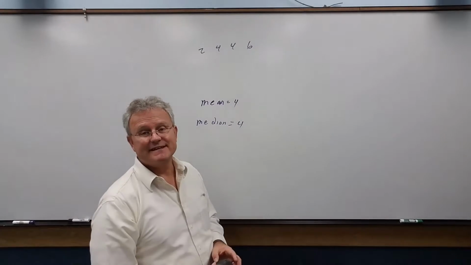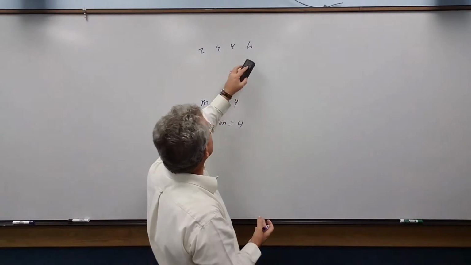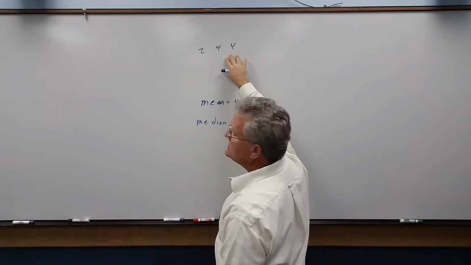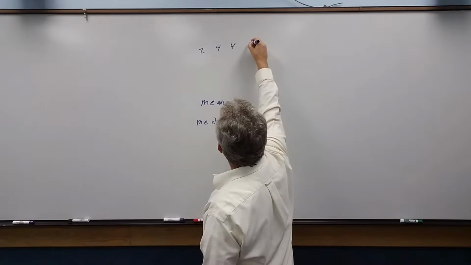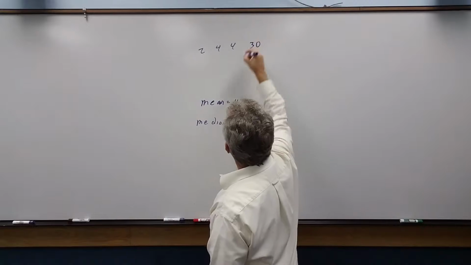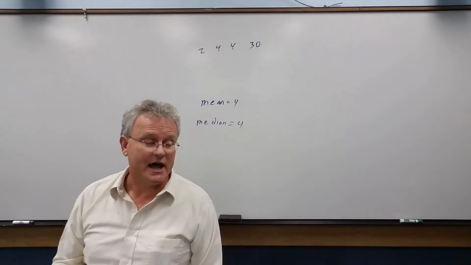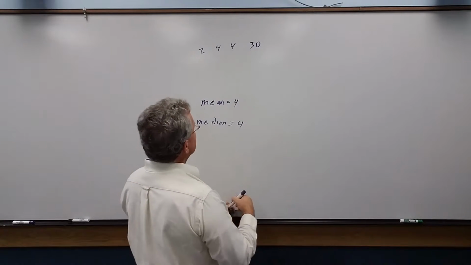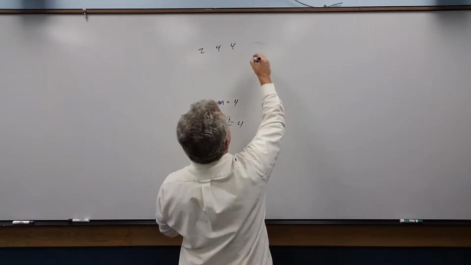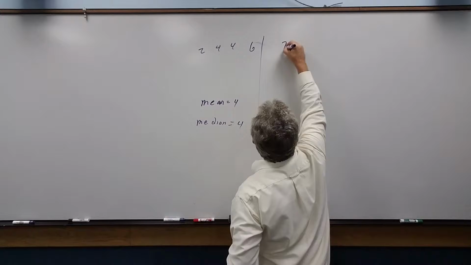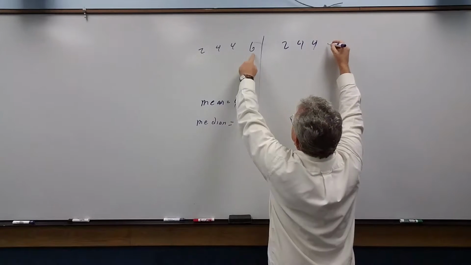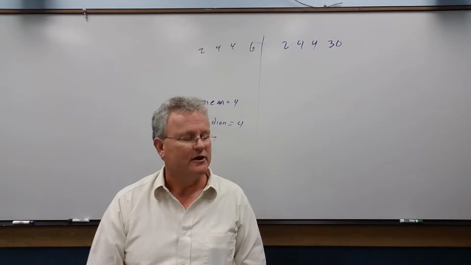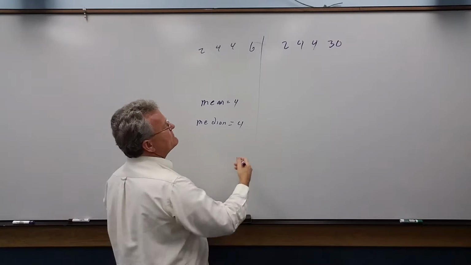Let's say the 6, this adds up to 10, so let's say this is a 30. Now let's say we have 2, 4, 4, and let's make this 30. It's an outlier. It's way bigger than all the other data values.